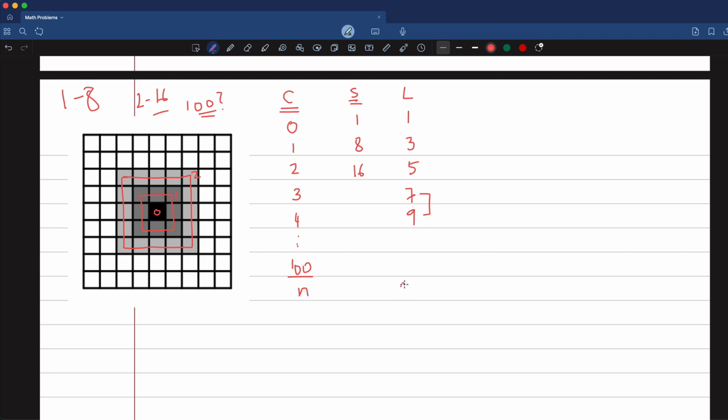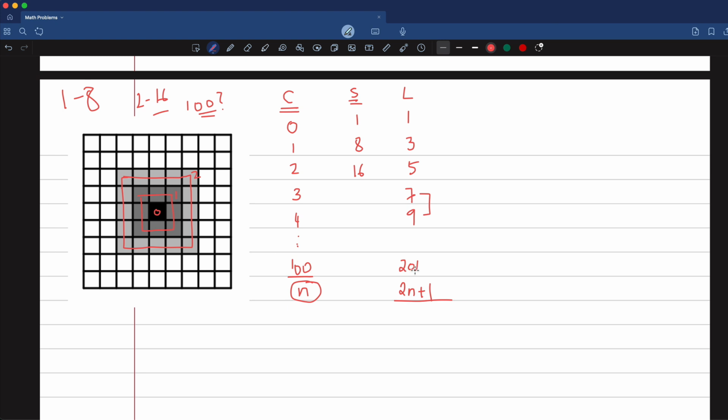That's a clue that there has to be a multiplication factor of 2n. So 4 times 2 is 8, 3 times 2 is 6. That doesn't lead you to the size, so you add 1 to it and you'll be able to connect it. 4 times 2 is 8, 8 plus 1 is 9; 3 times 2 is 6, 6 plus 1 is 7. So by that connection, the size of the nth circle is going to be 2n plus 1. Which means for the 100th circle, it would be 201.